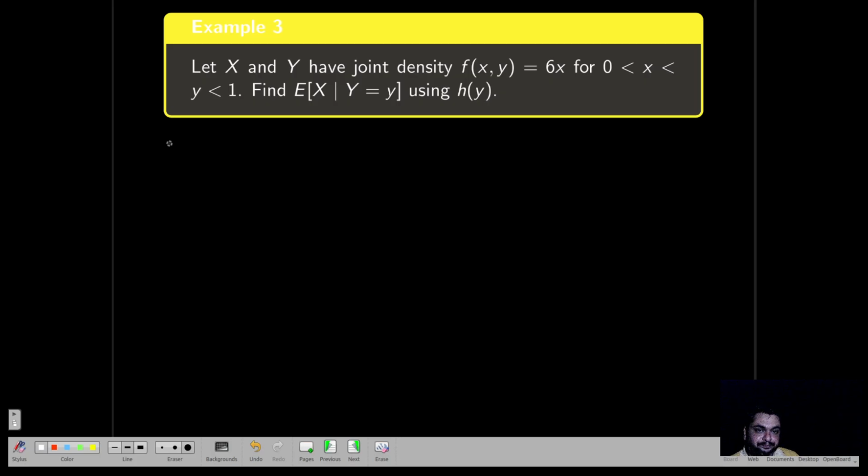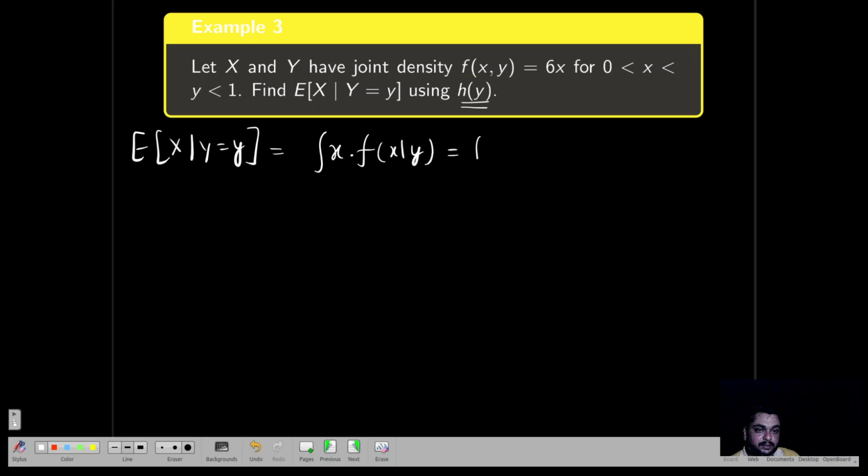Okay, continuous. So to find E of x given y is equal to y using the marginal distribution h of y, how will you find it? This is the integral of x into f of x given y.